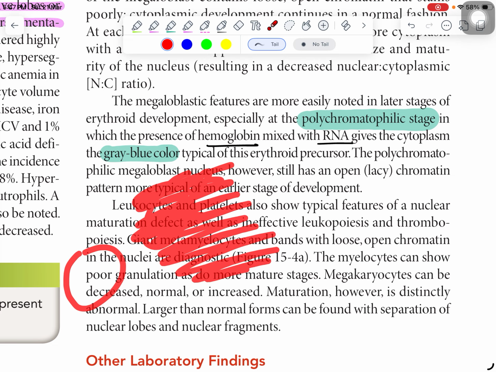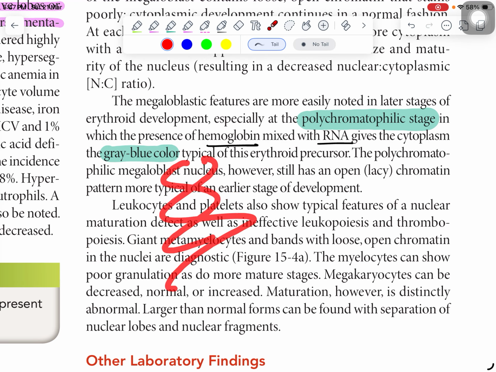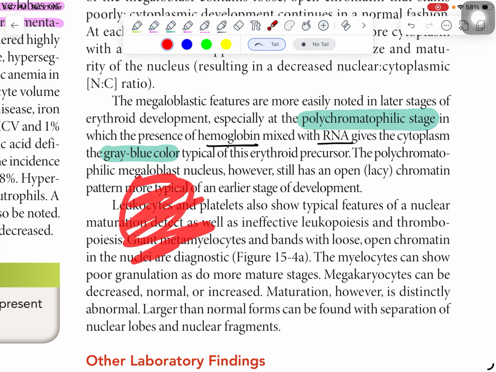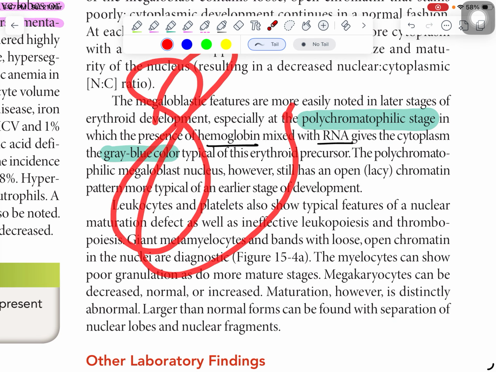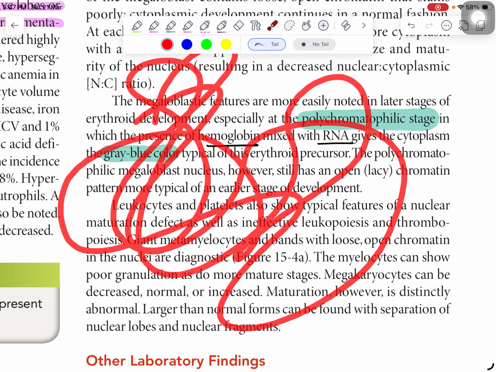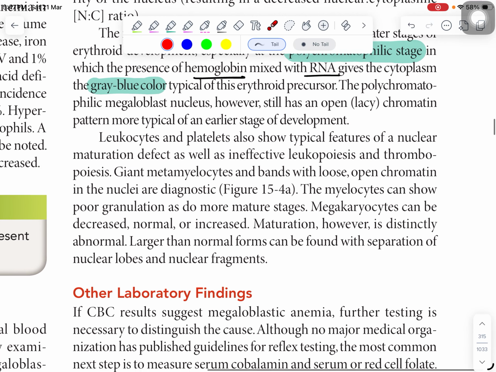Instead of that, because there is a DNA maturation defect, a nuclear maturation defect, the nucleus will not mature, will not become condensed. It will be still open with a lacy chromatin pattern more typical of an early stage of development.